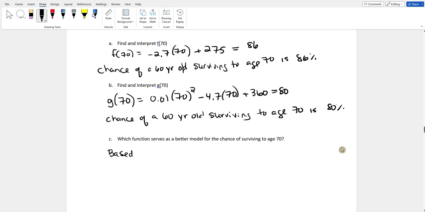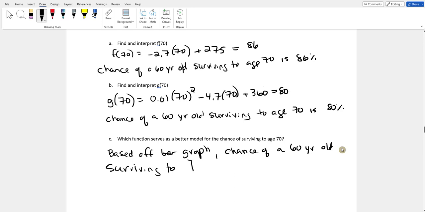So based off the graph, and this is a bar graph, the chance of a 60-year-old surviving to 70 is 87%.